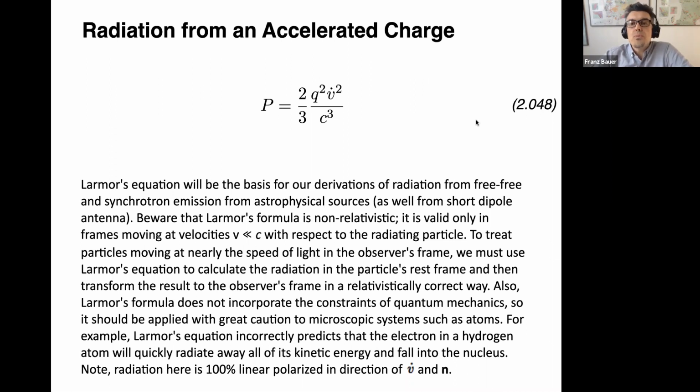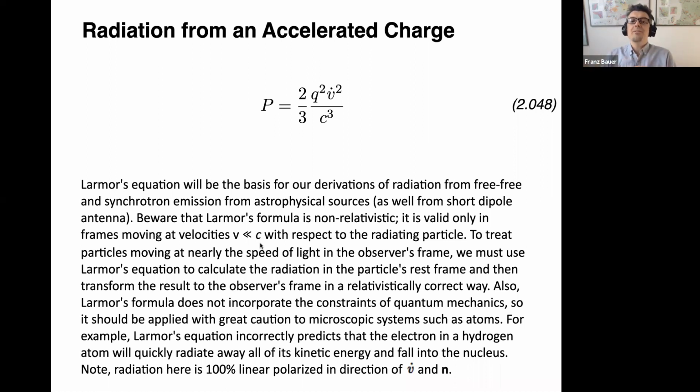Here, the particles can be moving at nearly the speed of light in the observer's frame, but we use Larmor's formula in the rest frame of the particle, where it doesn't have a speed close to the speed of light. And then we'll transform what happens in the rest frame of the particle to the observer frame.